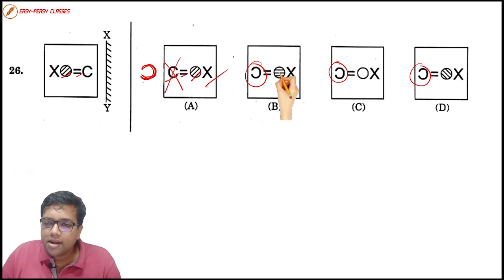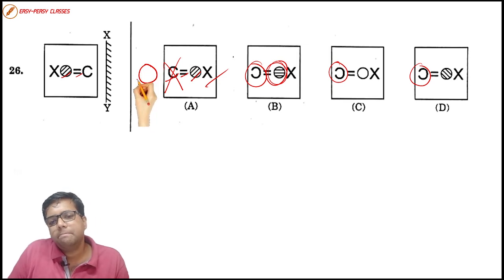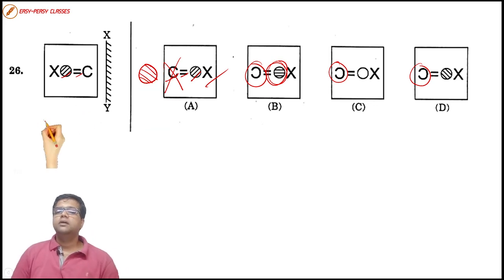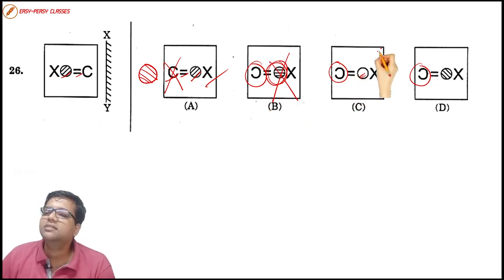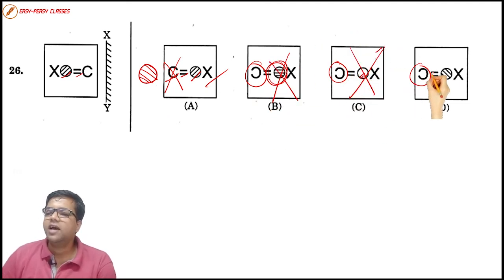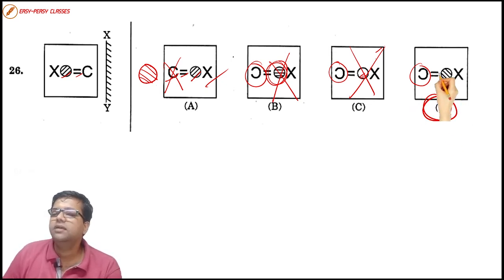Okay, but look at the lines inside the circle. The mirror image circle should have been like this, where the lines should have been like this. This should have been the lines inside the circle. Do we have it here? We don't have it. Do we have any lines inside answer C? Option C, we don't have it. We have it only in option number D. Option number D is the only one giving us the right answer.